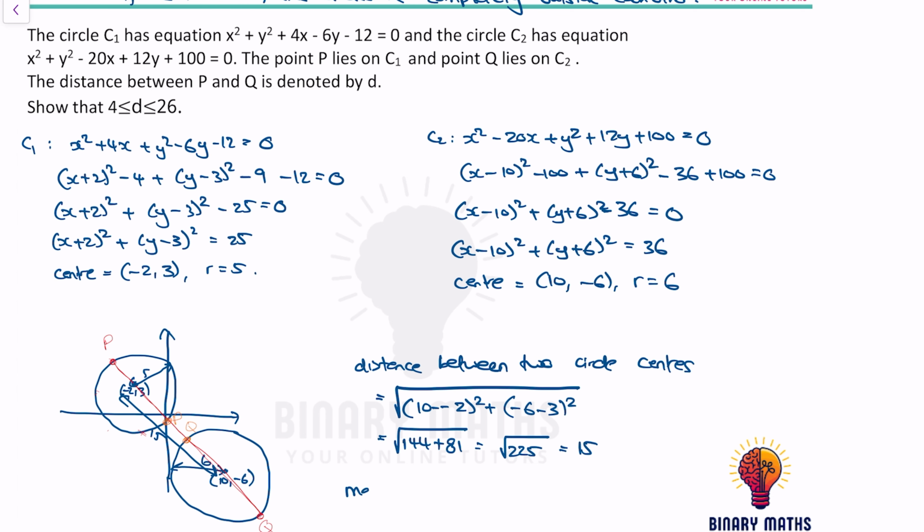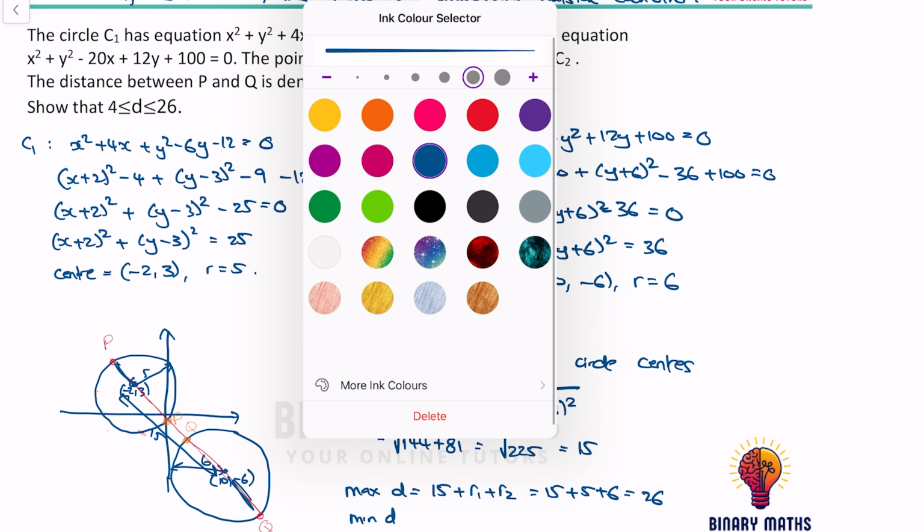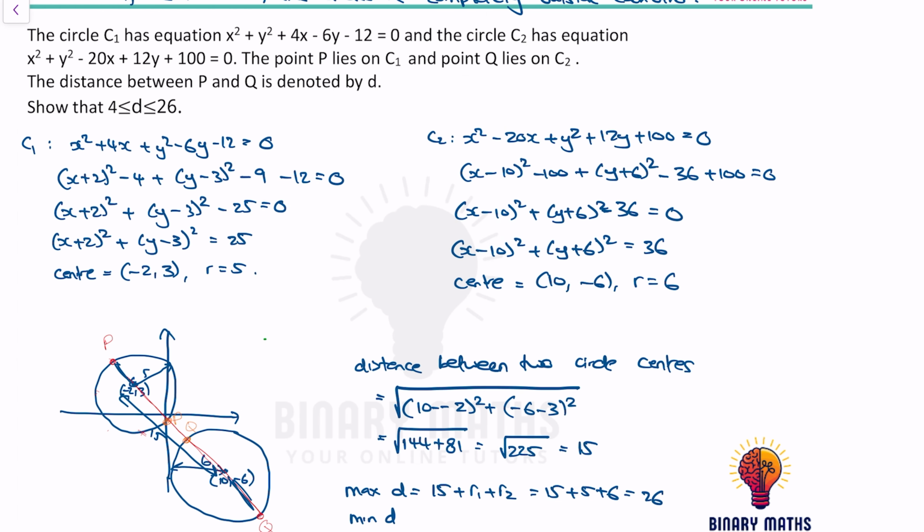So the maximum value of D will be this distance, which is 15, plus radius 1 plus radius 2, because we get this extra part here and this extra part there. So that is 15 plus 5 plus 6, which is 26. And the minimum value of D, if I were to use a different color, is this part.